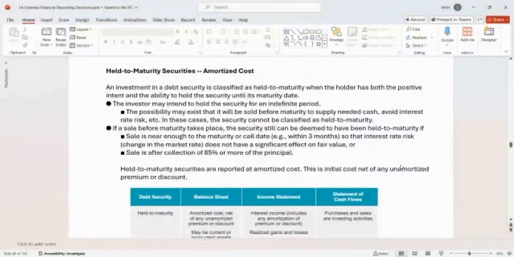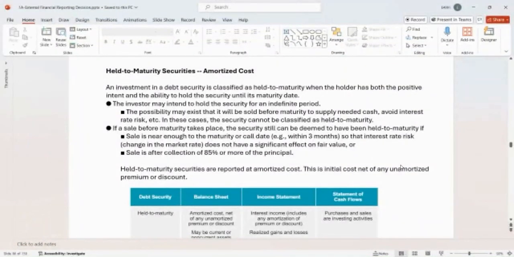In these cases, the security cannot be classified as held to maturity. If a sale before maturity takes place, the security still can be deemed to have been held to maturity if a change in the market rate does not have a significant effect on the fair value, or the sale is after collection of 85% or more of the principal.